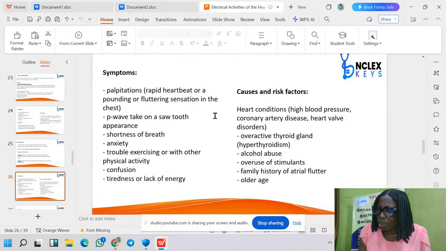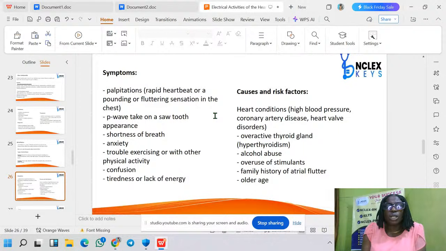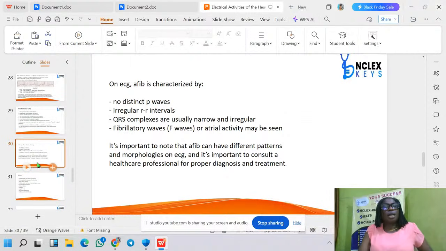But if your question tells you that the patient had been assessed, go ahead and intervene. Okay? The intervention can be as easy as administration of oxygen.